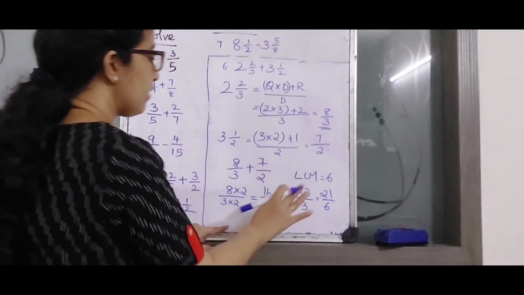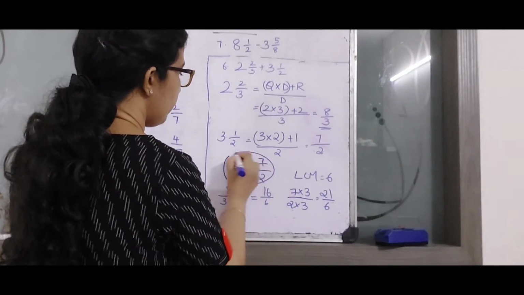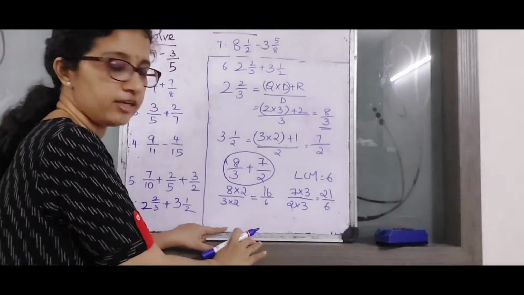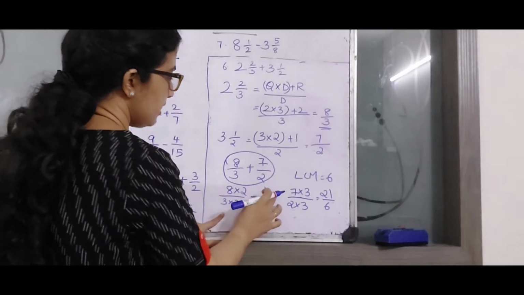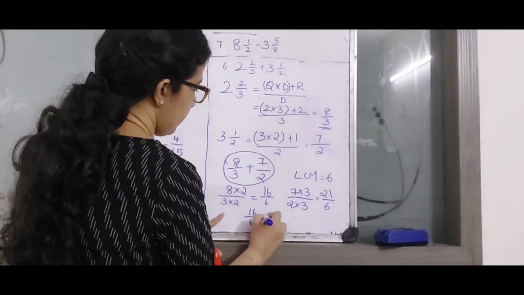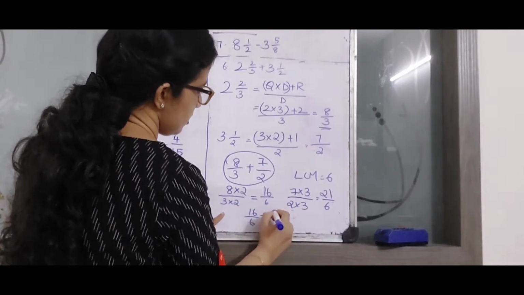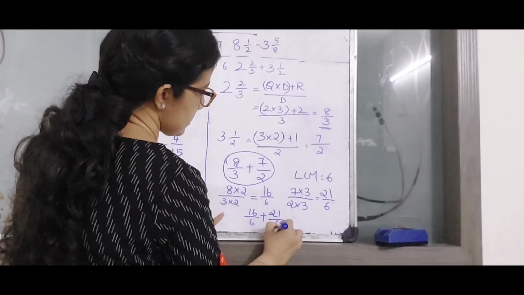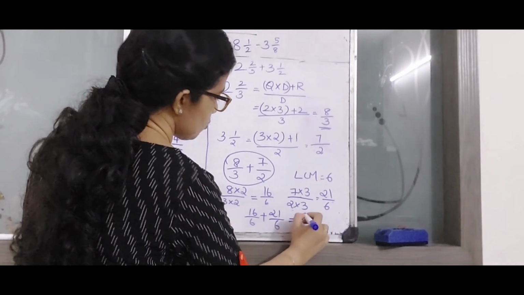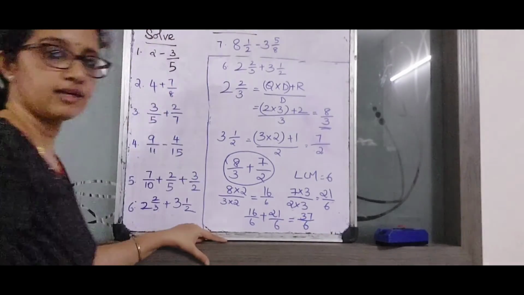Okay. Now how can we write this term 8 by 3 plus 7 by 2? 8 by 3 can be written as 16 by 6, and 7 by 2 can be written as 21 by 6. So 16 by 6 plus 21 by 6 is equal to 37 by 6.